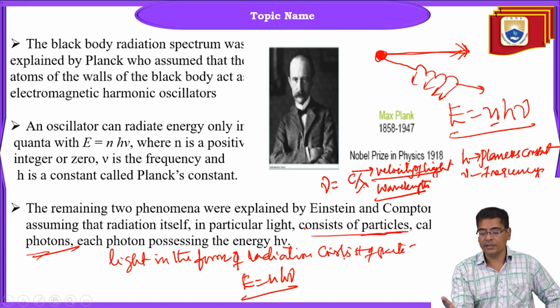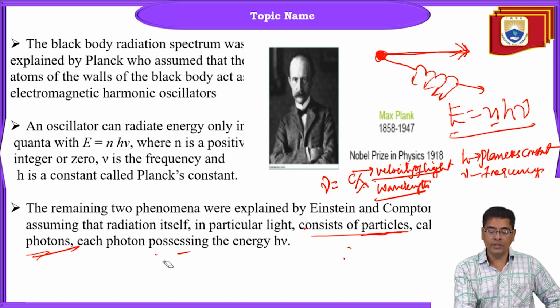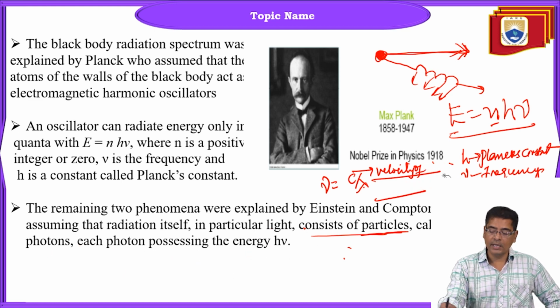So light in the form of radiation consists of particles called photons, and the energy of each photon is given by E equals h nu.